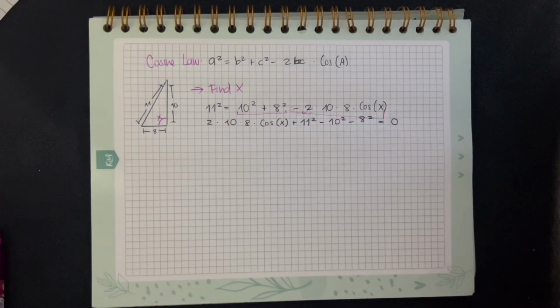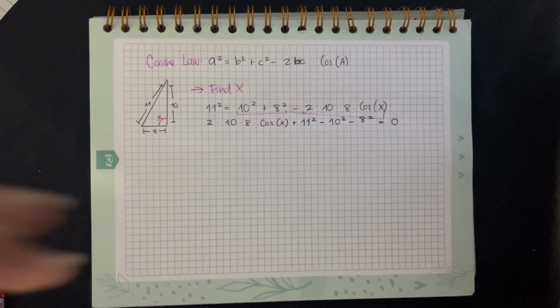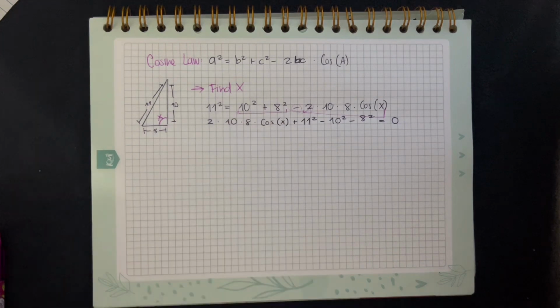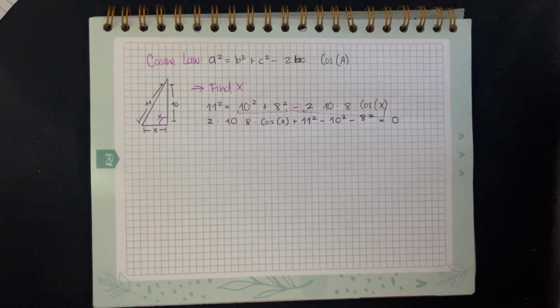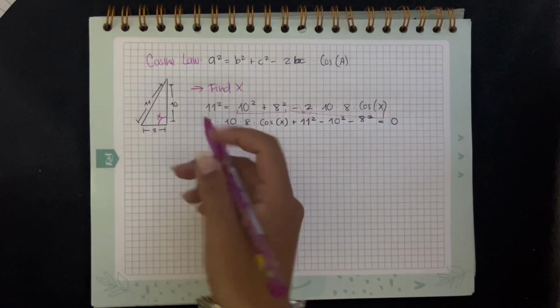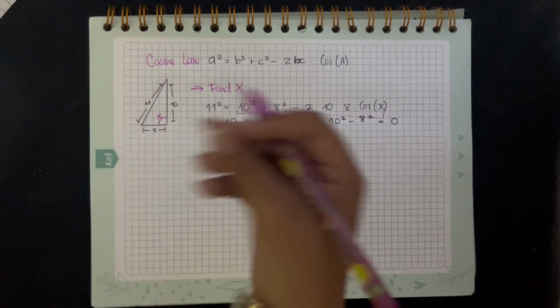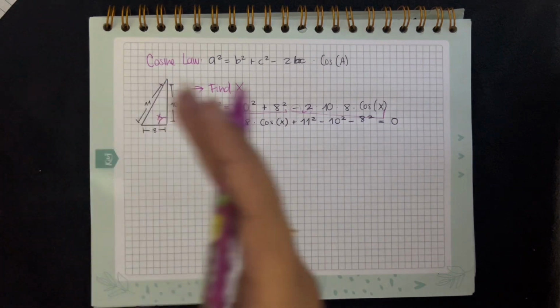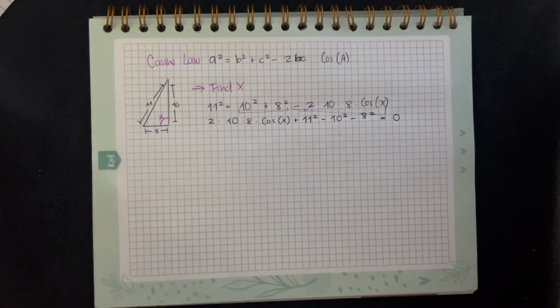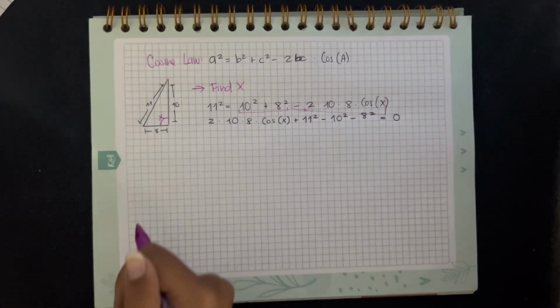Now that we have it positive, we can start the isolation of the cosine x. As I already told you, this right here, it's being separated, and the formulas, these operations, can separate just by a sign of a positive or negative. Not a multiplication, not a division, just positive and negative.